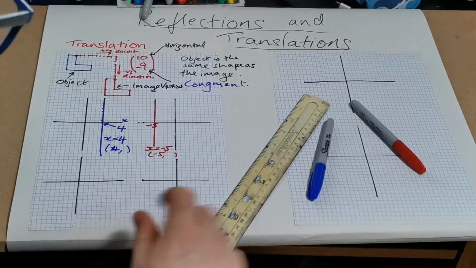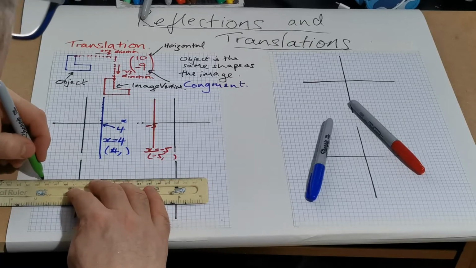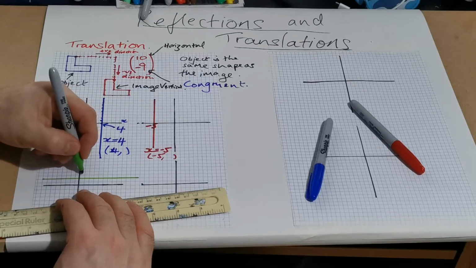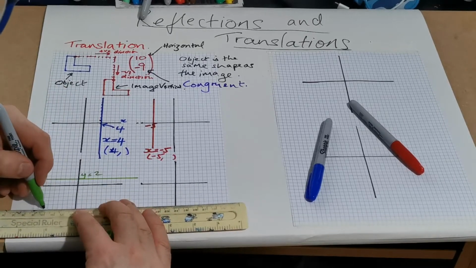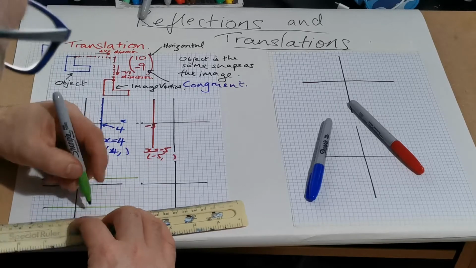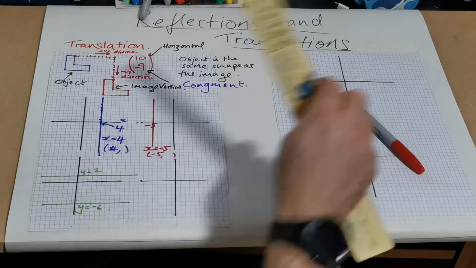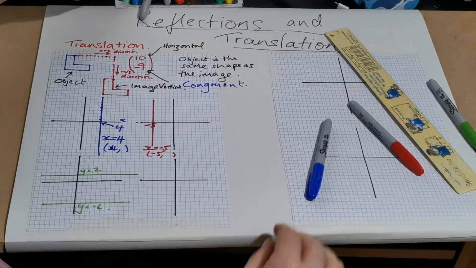Now it doesn't take a genius to work out that this is y equals 2, and this one down here would be y equals minus 6. And they're going to figure quite strongly in what we're going to do with our reflections.